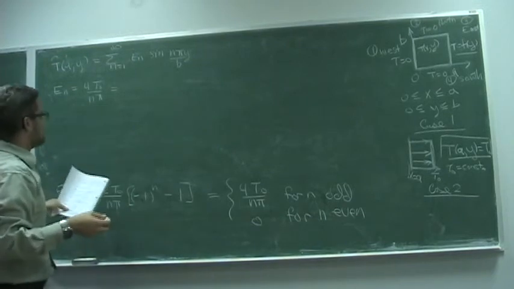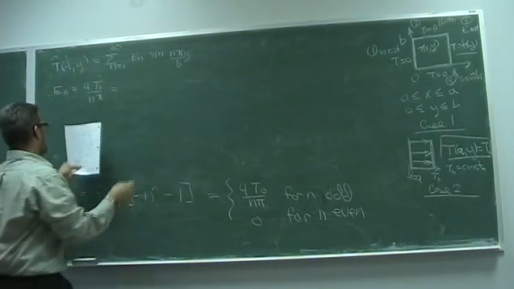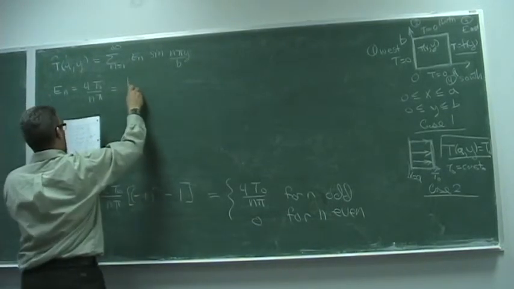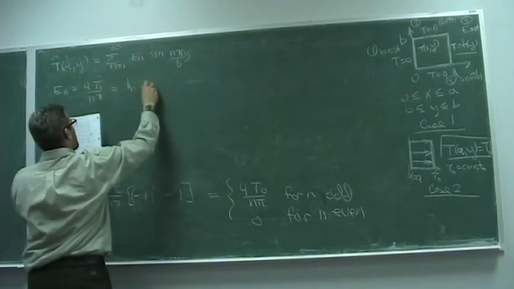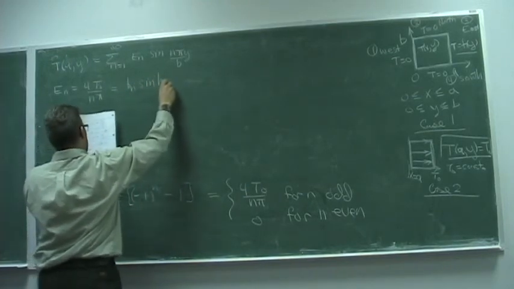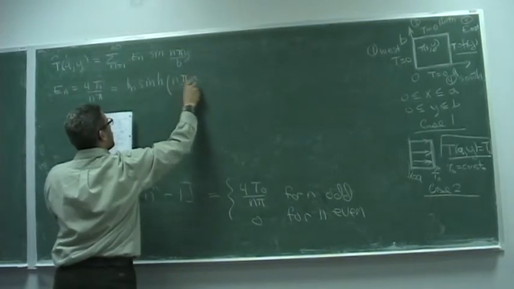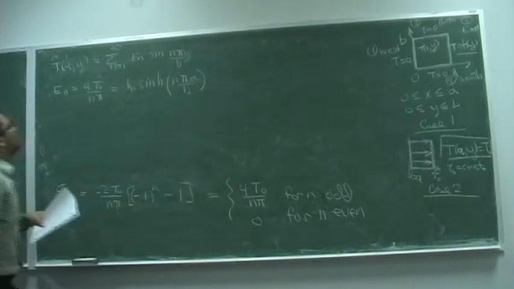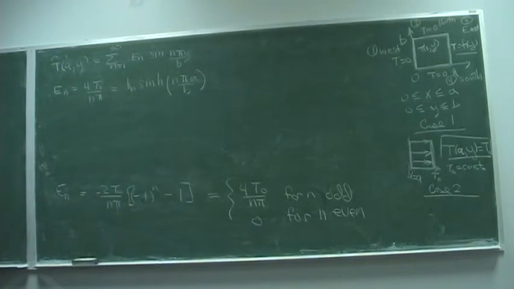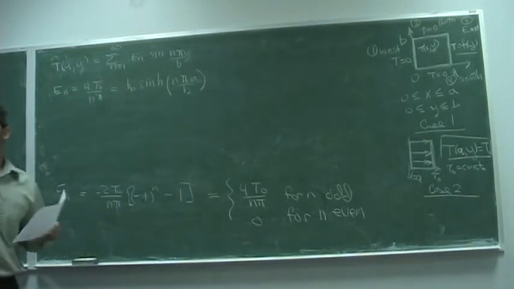which equals, remember before what we took, we had b sub n sine hyperbolic n pi a over b. I know this is a little bit hard to follow because there's a lot of steps in here.